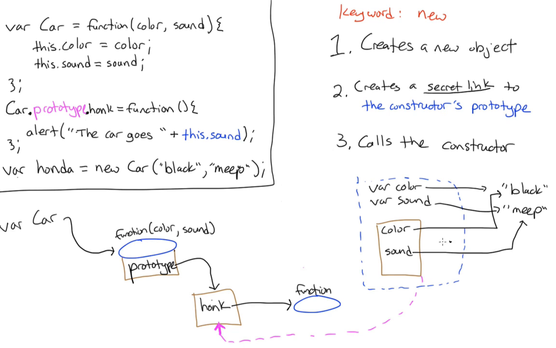And that's all our constructor function does. Next we have var Honda pointing to that new object. After that, the dream space goes away, which means the local variables all disappear.